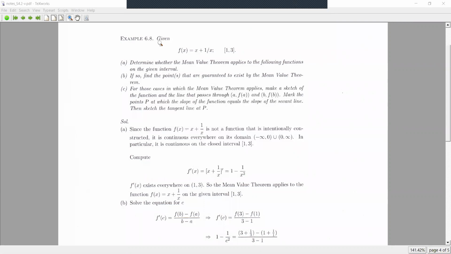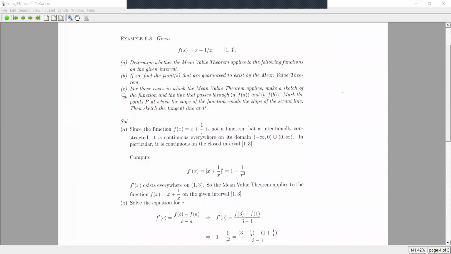The third example: given this function and this interval, determine whether the mean value theorem applies to this function on this interval. Second question: if so, find the points that are guaranteed to exist by the mean value theorem.